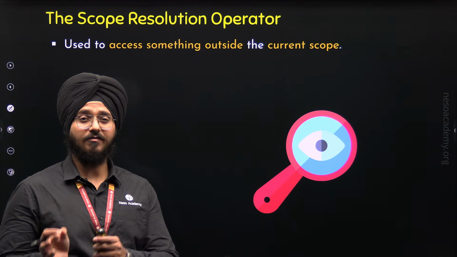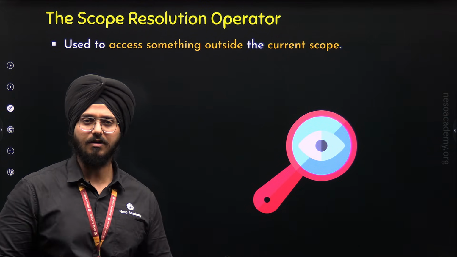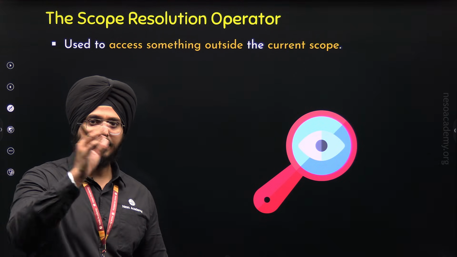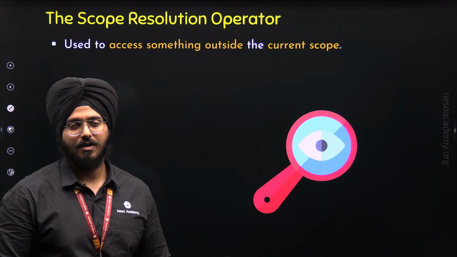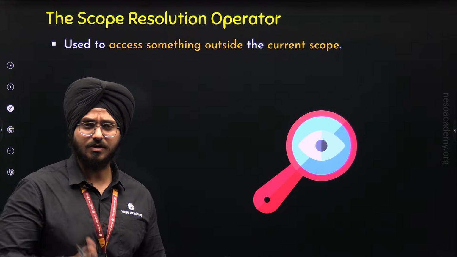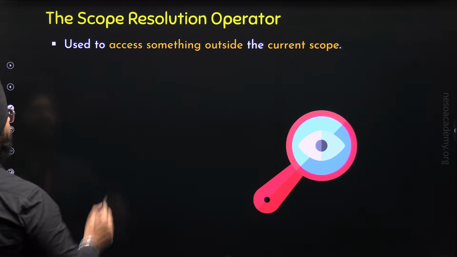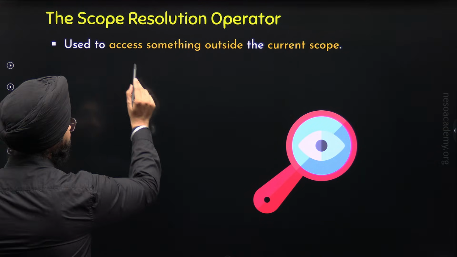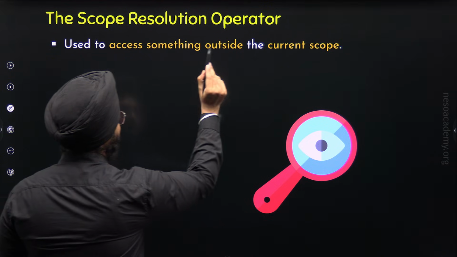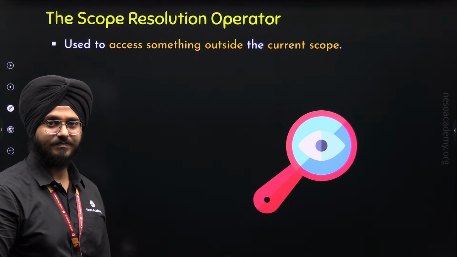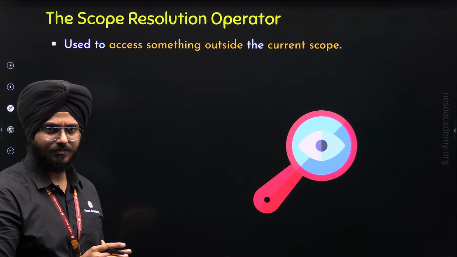But with the help of the scope resolution operator, we can access that entity outside its scope as well. So that's what this definition is saying. The scope resolution operator is the operator that allows us to access some entity outside the current scope where it is defined. I hope this is clear to you.